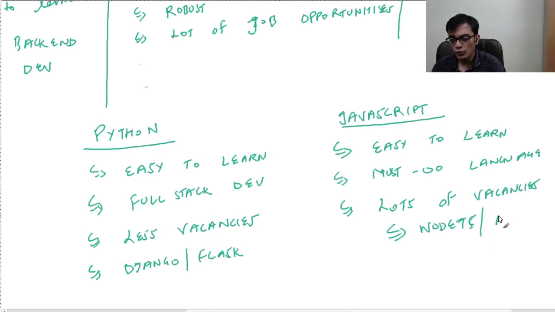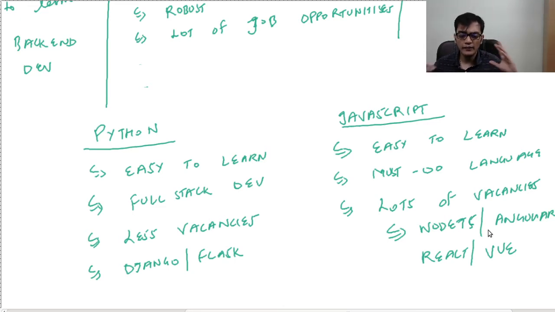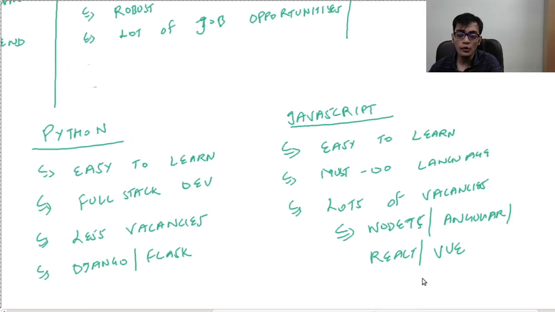It has Angular for front-end development. It has React. It has Vue. A lot of frameworks are there, right? And many companies are using these frameworks. Some companies will use Node.js, some will use React, some will use Angular. So if you are into JavaScript, it provides you a lot of opportunities, and that's why vacancies are there for JavaScript.